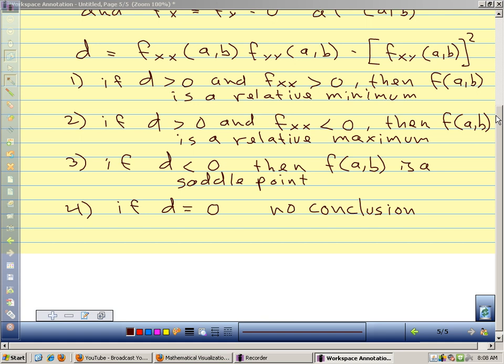So let's do a quick example, finding relative extrema of a function. Everybody good with this? Pretty straightforward, very similar to what we've done before, and it just involves a lot of calculation.